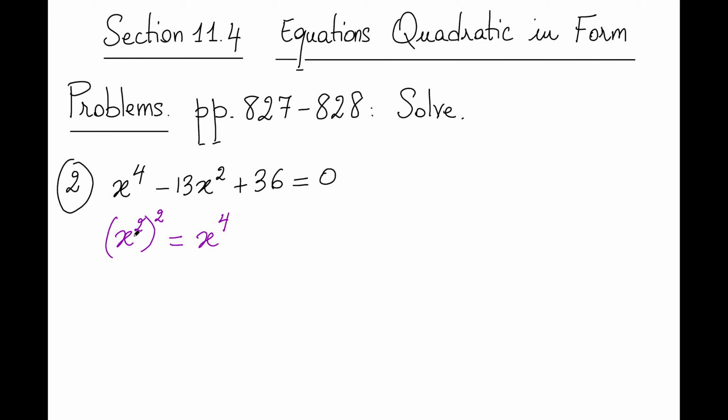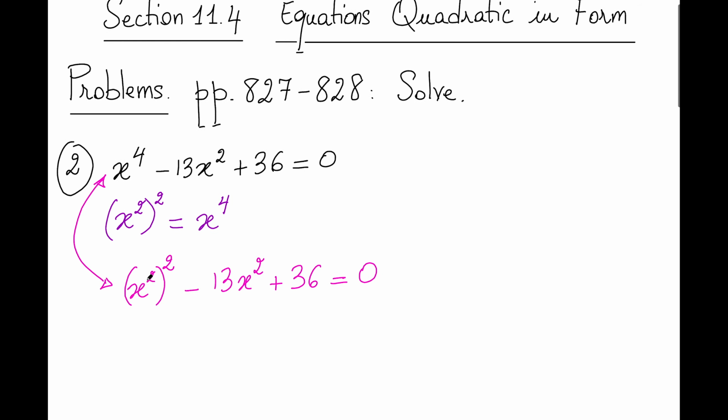So x^4 can be rewritten as the square of x squared, minus 13x squared plus 36 equals 0. They are the same equations.